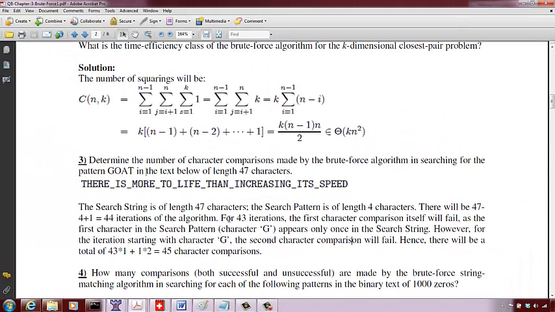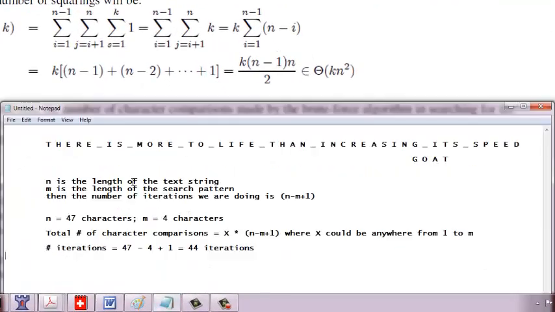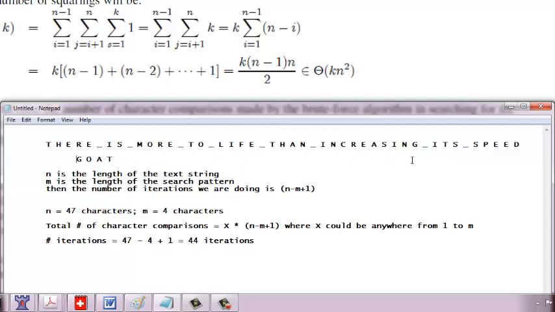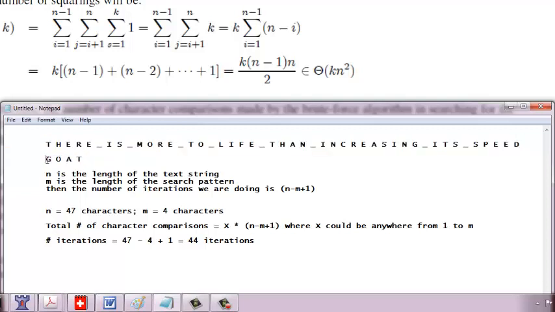Okay, now let's look at this. So this is my text string that I have, and I want to search for this pattern goat in it. Okay, so you start like this.